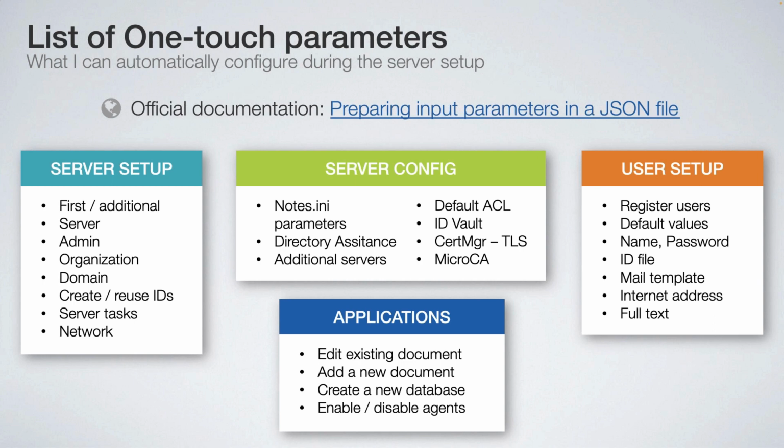But the JSON file has dozens of parameters that you can use, not just to set up, but also to configure, to do some initial configuration. It could be creating custom login forms, specifying HTTPS and TLS certificates, and so on.